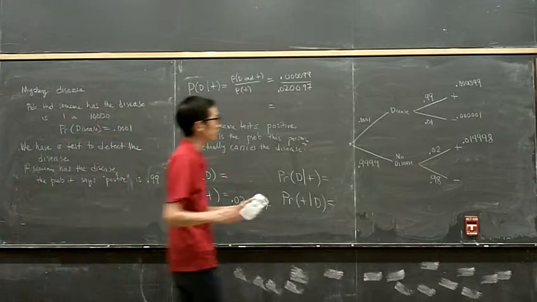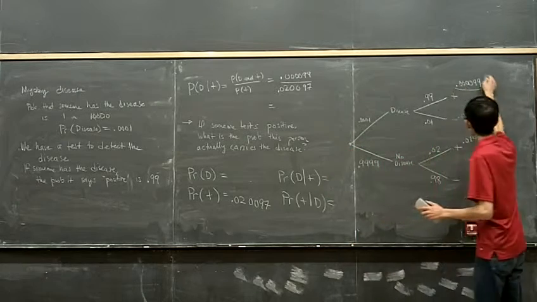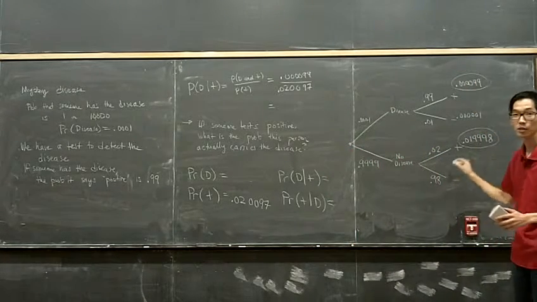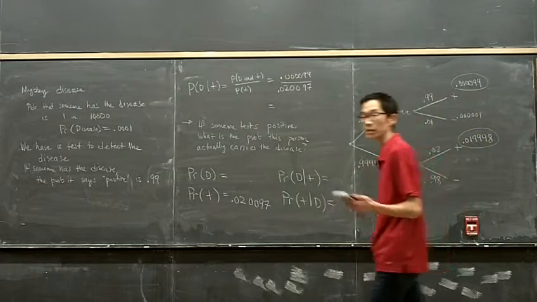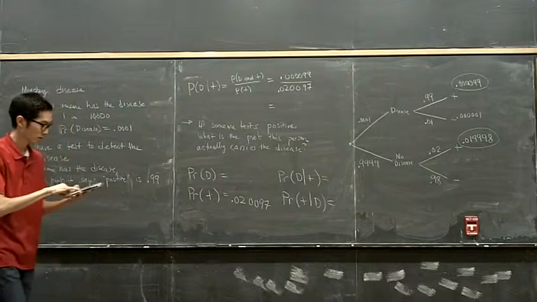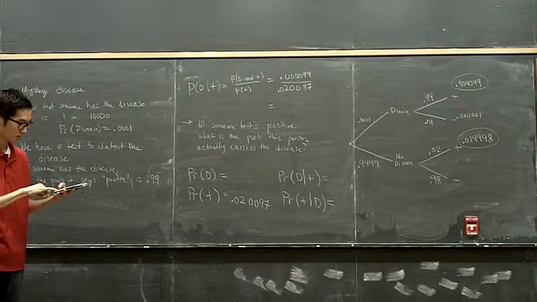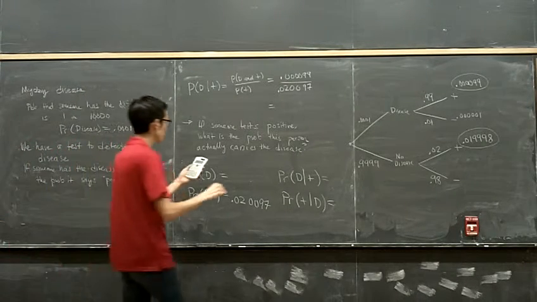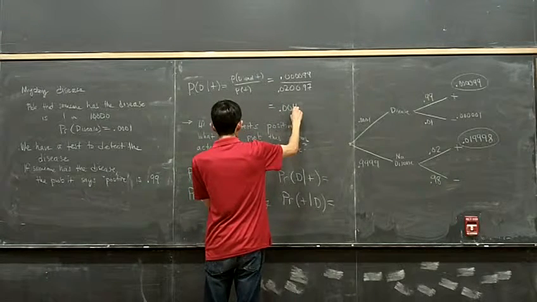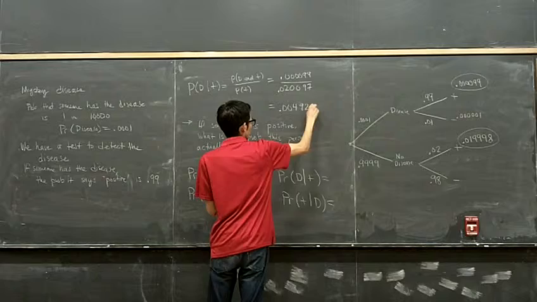Where do you get the 0.020097 from? I got that by adding this number, the people who have the disease and tested positive, and then this number, the people who don't have the disease and still tested positive. So I get 0.004926.